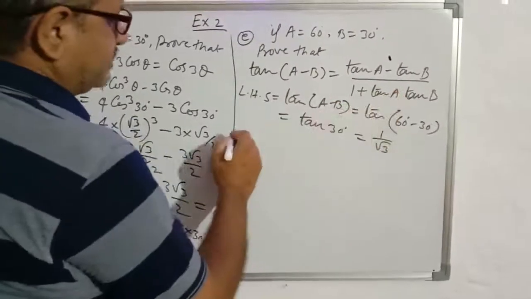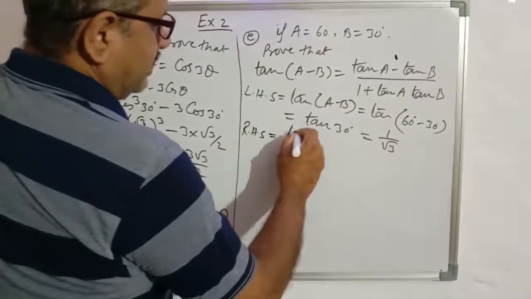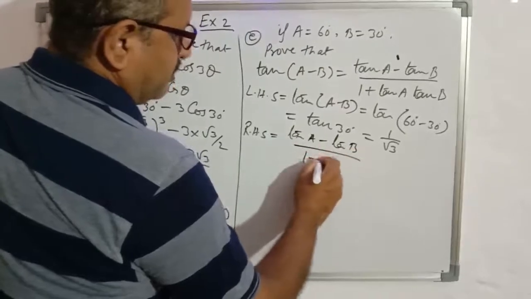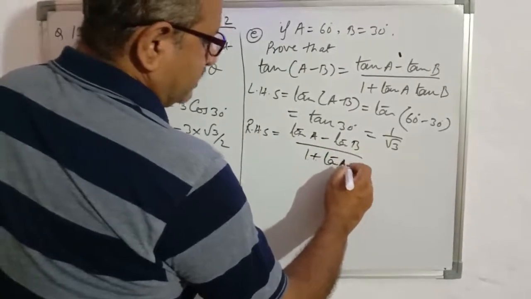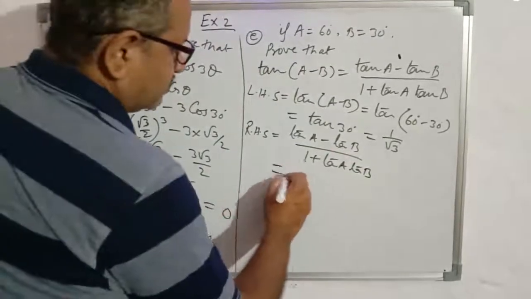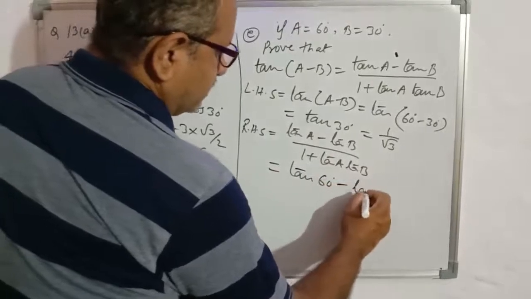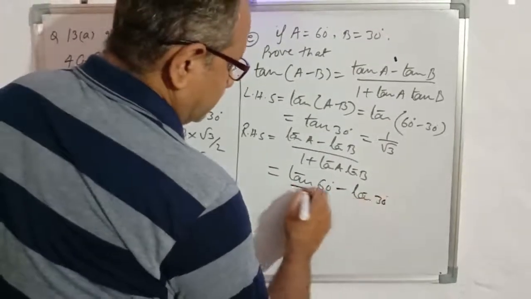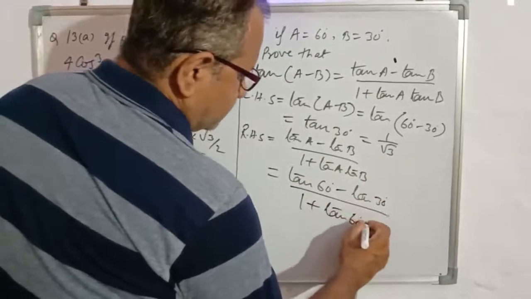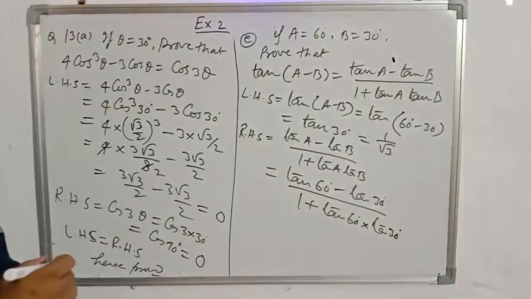Now we will find the right side. RHS is tan A minus tan B upon 1 plus tan A into tan B. So we will put A as 60 degree: tan 60 minus tan 30 upon 1 plus tan 60 into tan 30.